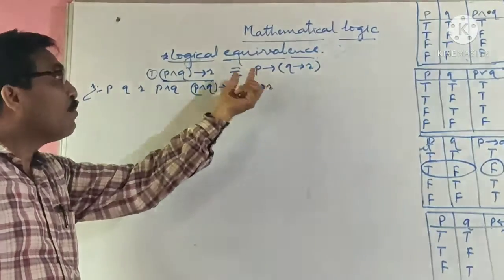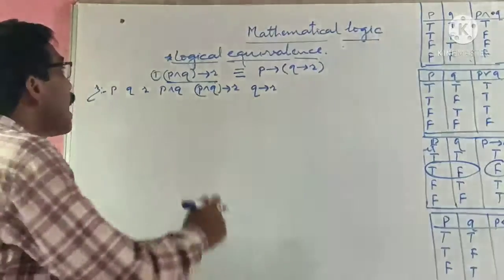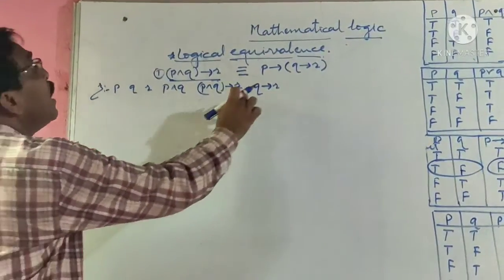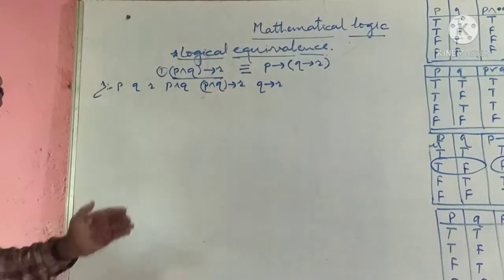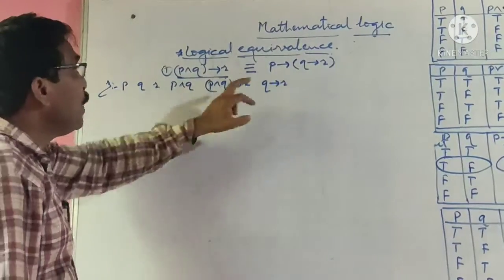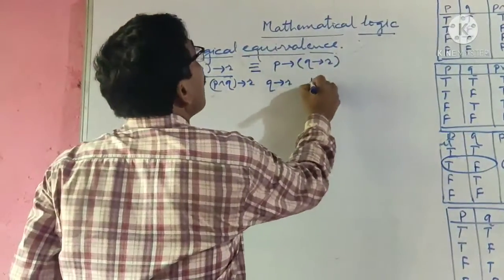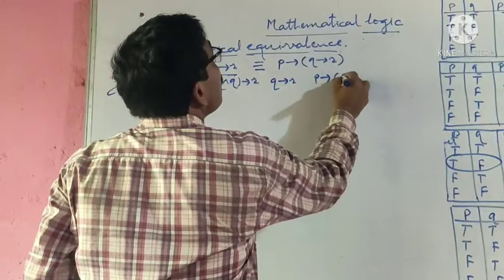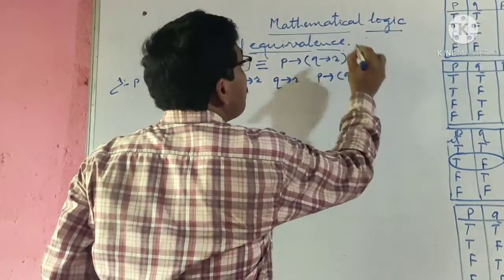Before this we have P and Q implies R also, therefore we are ready to prepare P implies Q implies R.